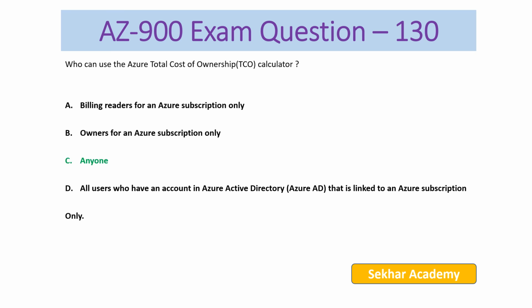The right answer is that anyone can use the Azure total cost of ownership calculator. There is no restriction, so anyone can access the Azure TCO calculator. So the right answer is C.